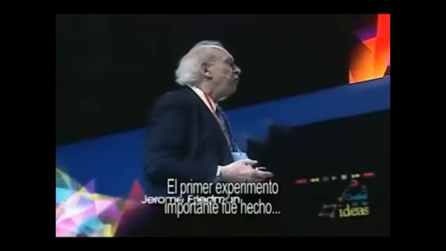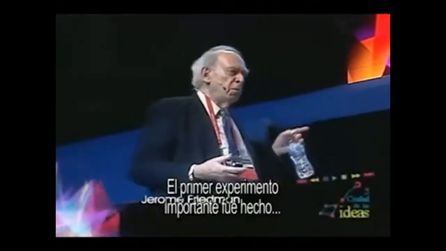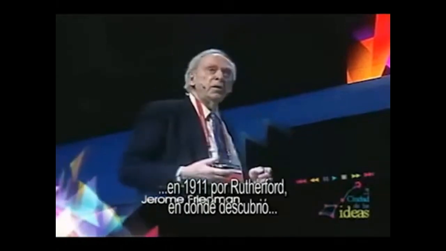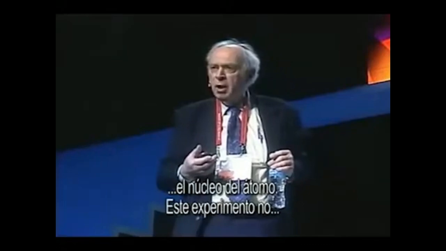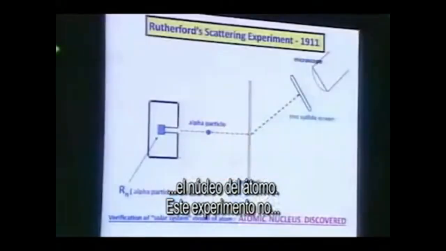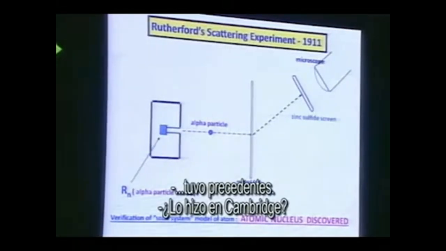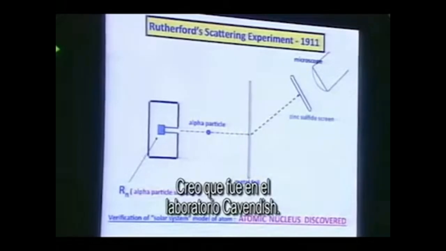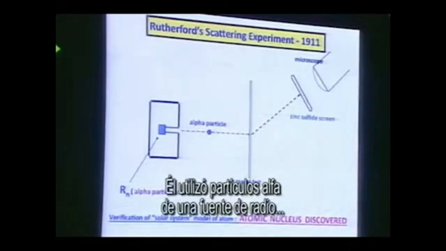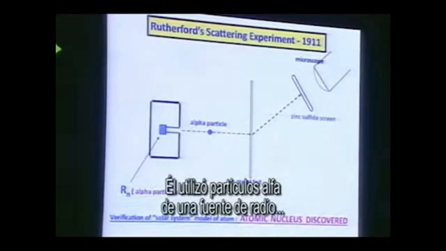And the first experiment, one of the most significant, was done by Rutherford in 1911, where he discovered the nucleus of the atom. It was a groundbreaking experiment. Was this at McGill? At McGill University, or that came afterward? It was, I think, in Cavendish. Oh, in Cavendish. And what he did was he just used alpha particles coming from a radioactive source.